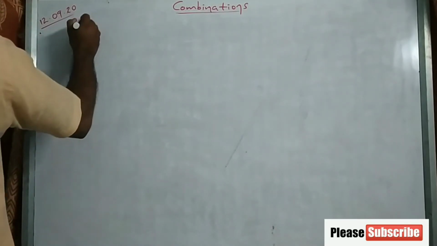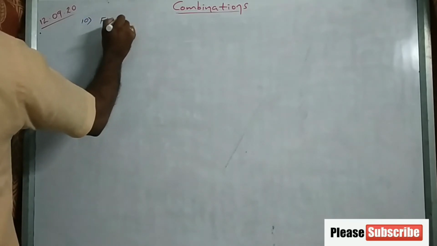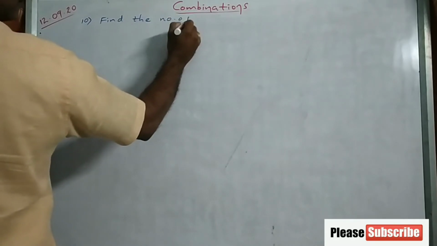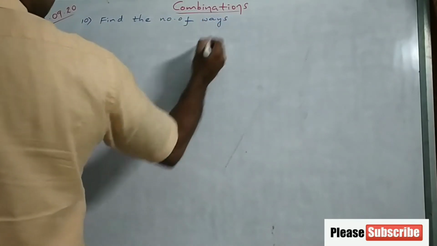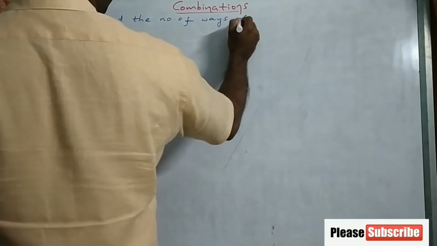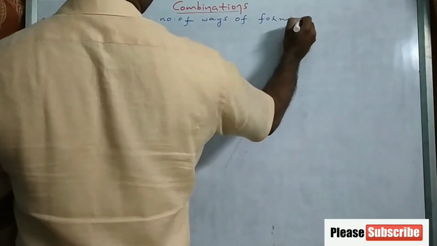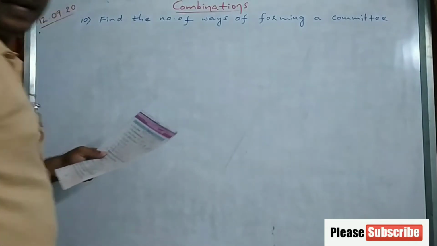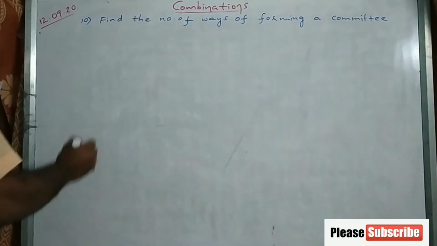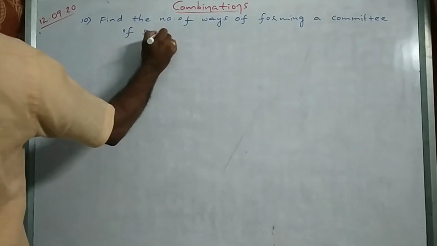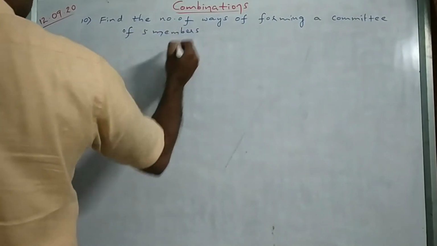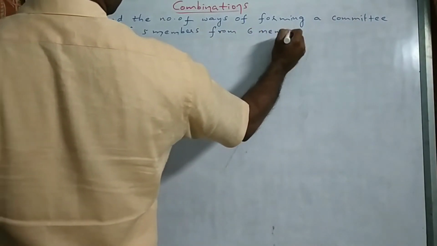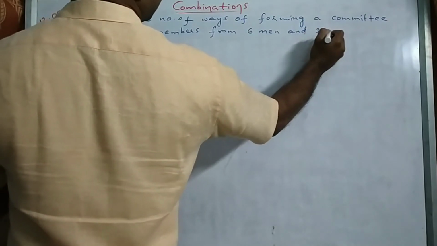Next, 10th one. Find the number of ways of forming a committee of 5 members from 6 men and 3 ladies.